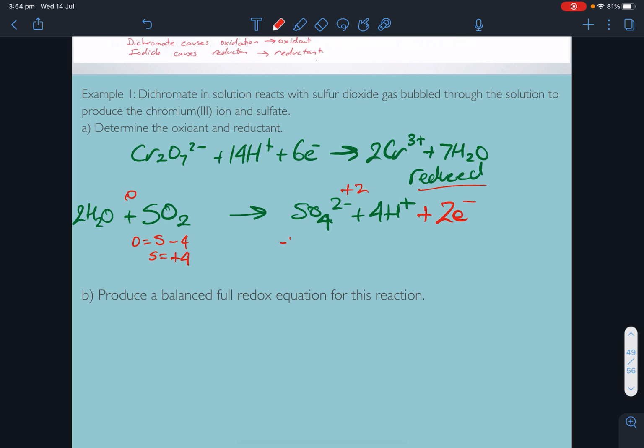It's sulfate. -2 equals sulfur and 4 oxygens. Sulfur -8, so sulfur equals 6 plus. Okay, so it's going from 4 plus to 6 plus, so it's being oxidized. Okay, so if sulfur is being oxidized, sulfur is the reductant. Oh, sulfur dioxide is the reductant, I should say.